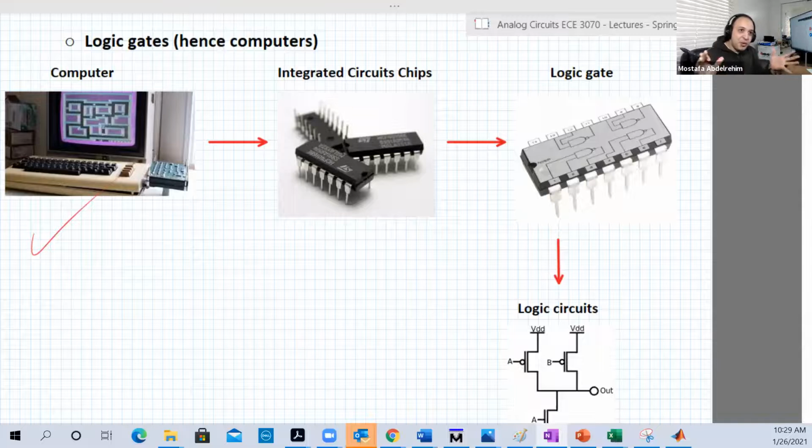If you just open your case or your laptop, you're gonna find many of this stuff, very small, like half a finger or something. Black stuff. It's called chips. You're gonna find many of these. What these black chips are is called integrated circuits.